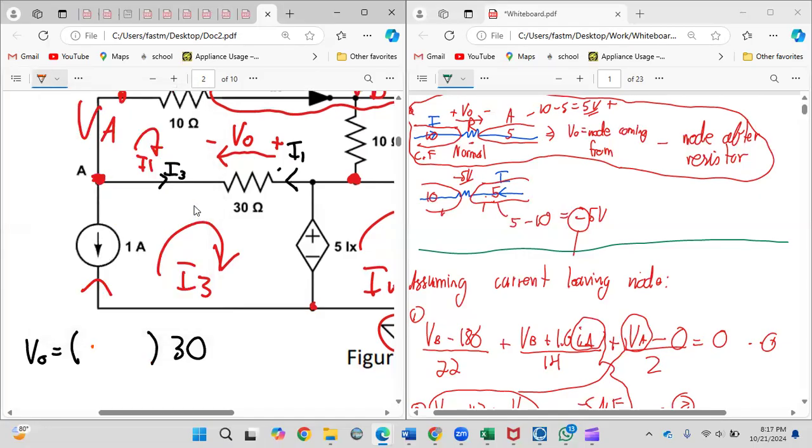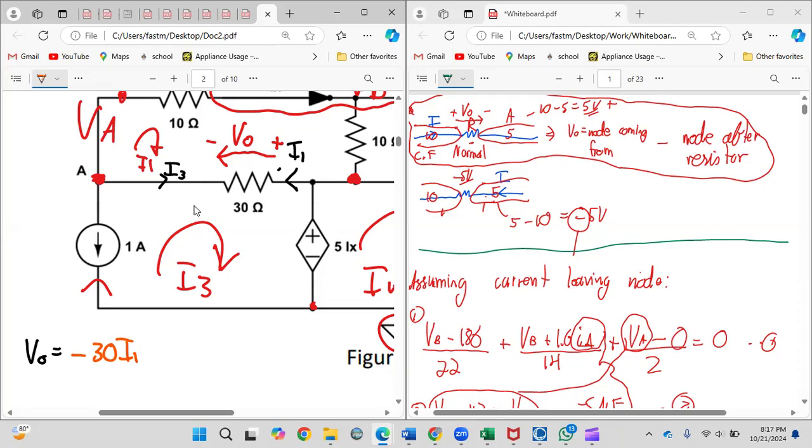So which one will have a voltage drop? Since you assume your drops across the resistors to be negative, remember you assume that in the initial part of the question, this I1 here would be your normal drop, like what you did before, which is minus I1 by 30, or minus 30 I1, right?